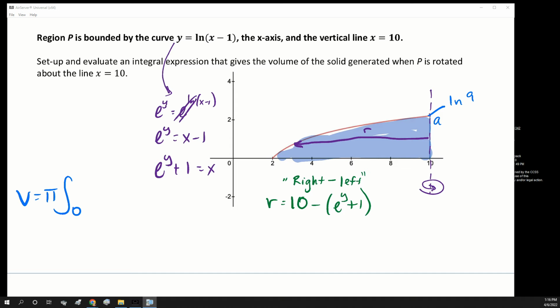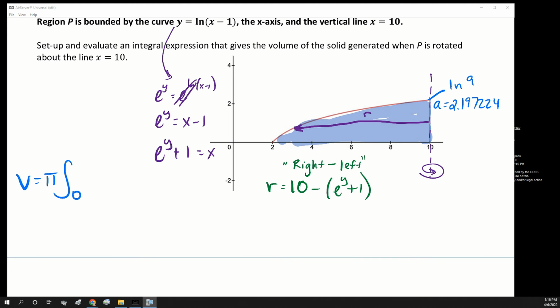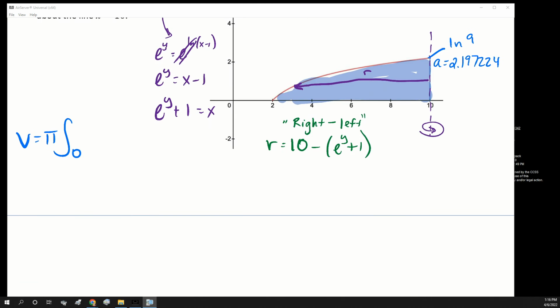I'm going to say that it's A. That's good enough. So when I set this up, I can just use A for that.